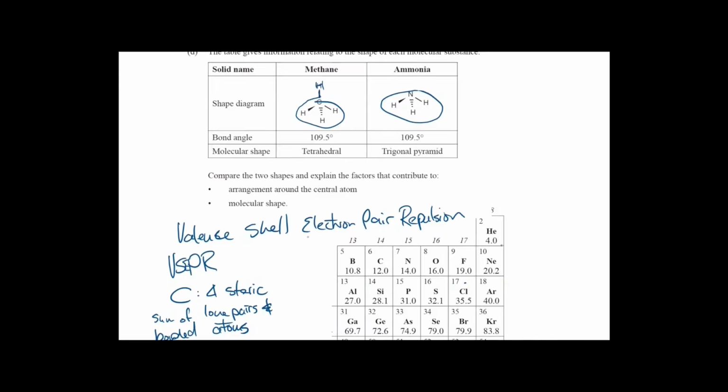Neon has 8, fluorine has 7, oxygen has 6 in its valence shell, nitrogen has 5, and carbon has 4. So it wants 4, and it's going to get it from these hydrogens, essentially. And the steric number for both of these is in fact 4.